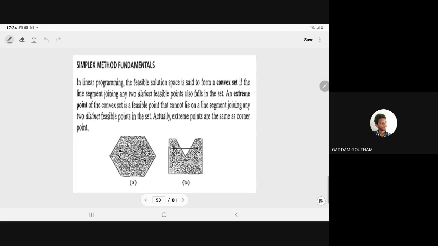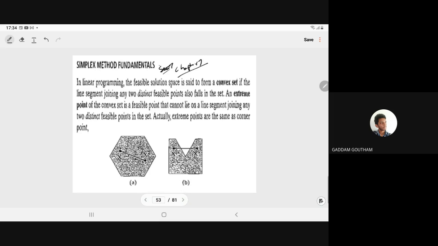Then we have the simplex method fundamentals. In a linear program, the feasible solution space is said to form a convex set. I think this is in chapter 7 or chapter 8, but we need to study it here before the simplex method.